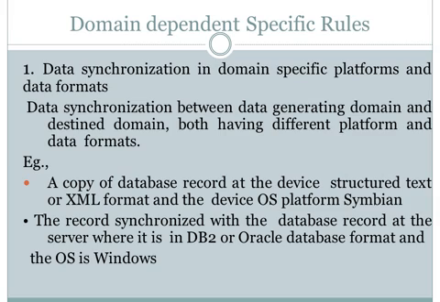Here the data synchronization is between a data gathering domain, which might be the source, and a destination domain. However, the source and destination both have different platforms as well as data formats.